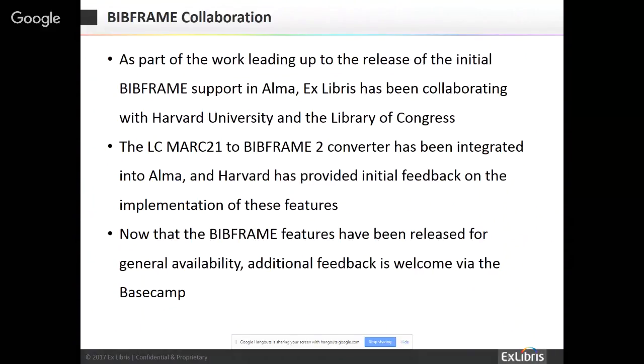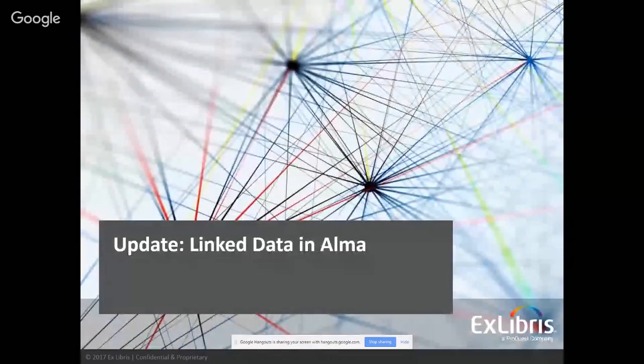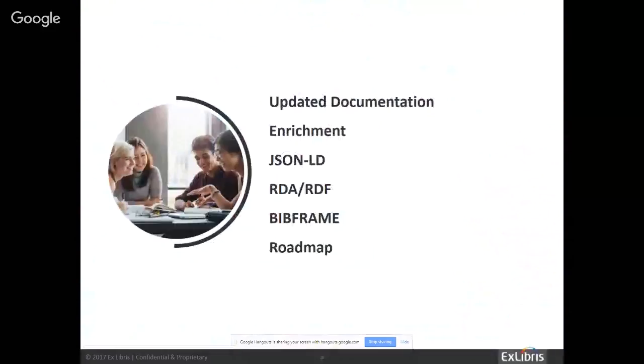Okay, so those were general updates about collaboration with the community. And then Laura, as I said, will give some more special interest working group updates towards the end of the presentation. So we'll start off with the update of linked data features in Alma.